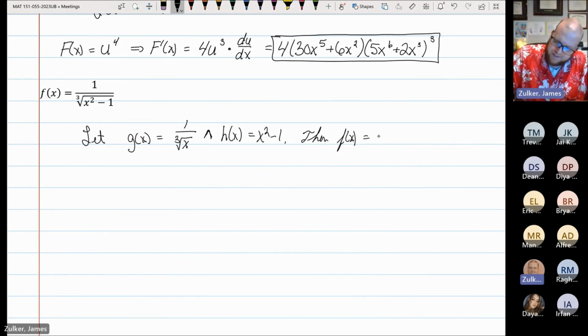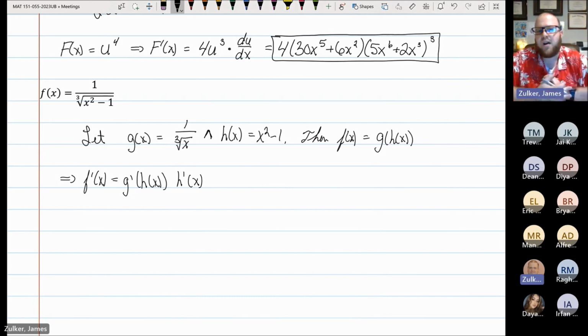Then notice that f of x is g of h, which means that f prime of x would be g prime of h times h prime.